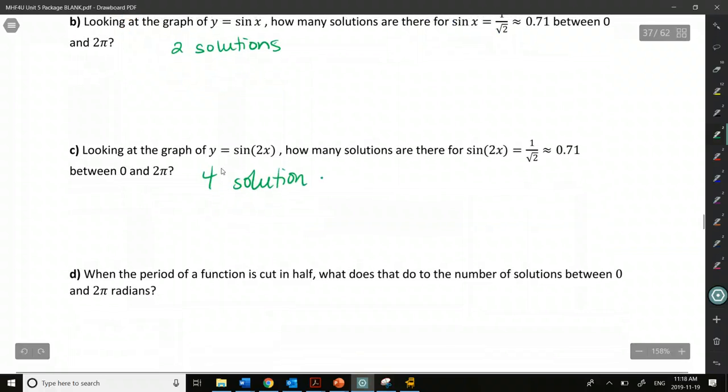Okay? And we know that when we have sine of 2x, that gives us a k value of 2. What is the actual transformation that is occurring when I have a k value of 2? Okay, it's a horizontal compression by a half.